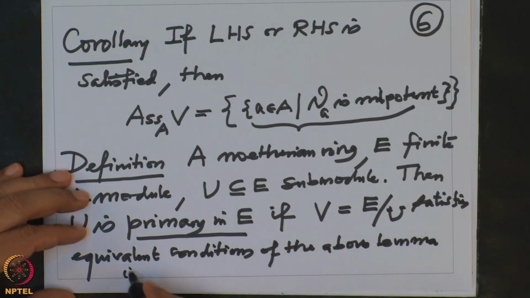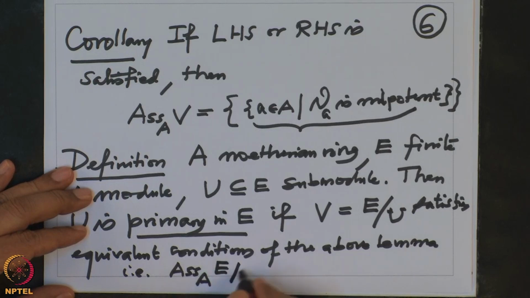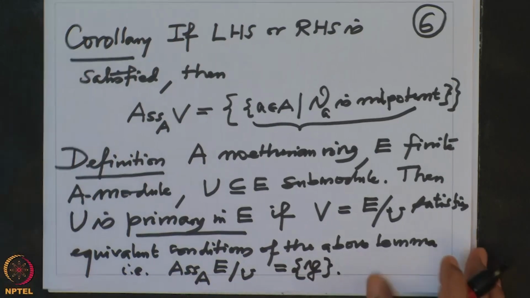That is, the associated primes of the module E by U is only one, a singleton P.